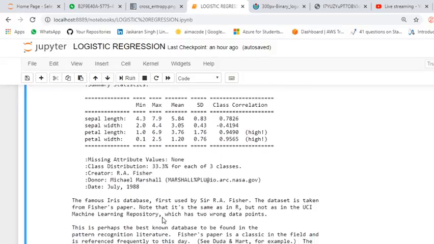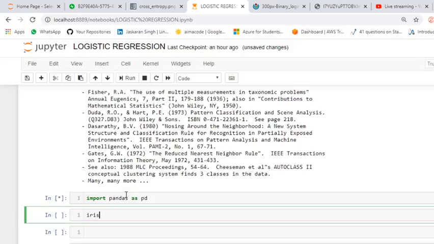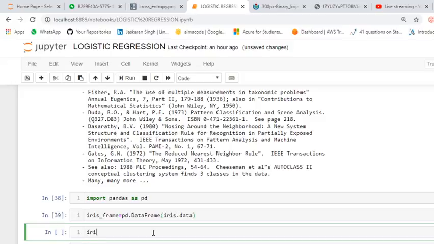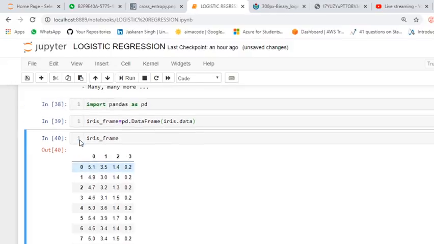So let's view the values. These are the 4 features.